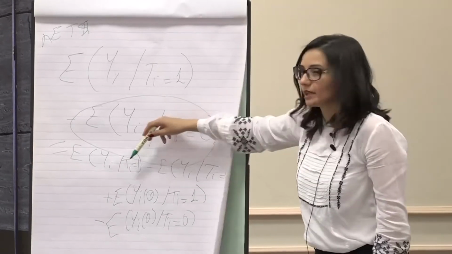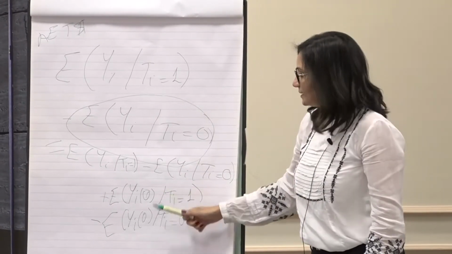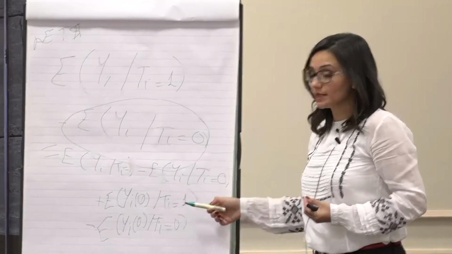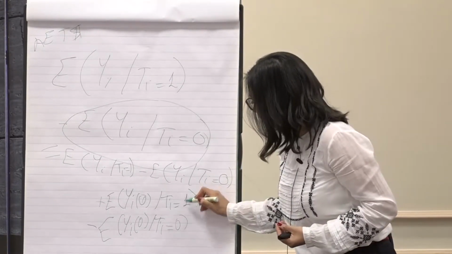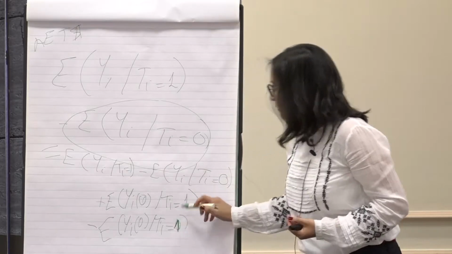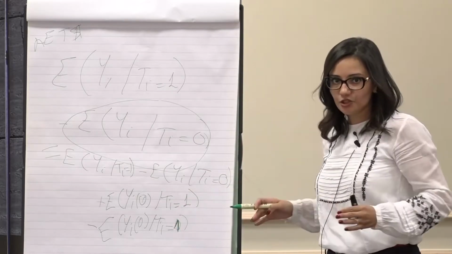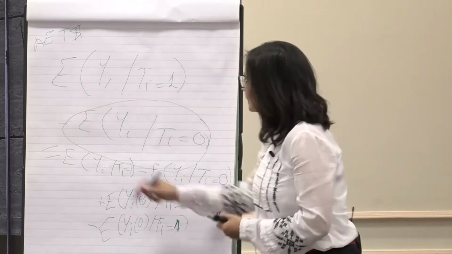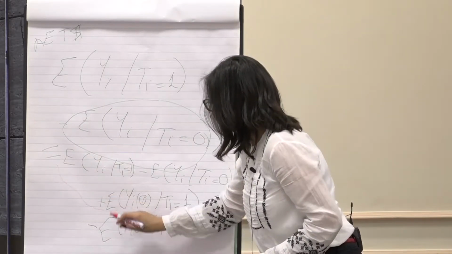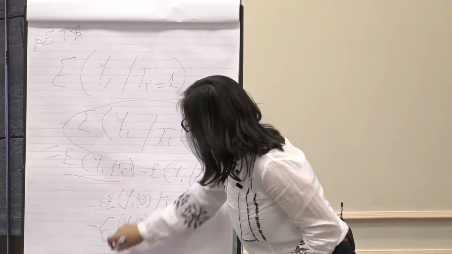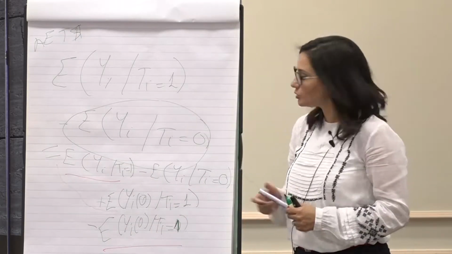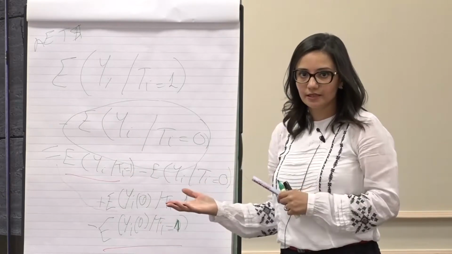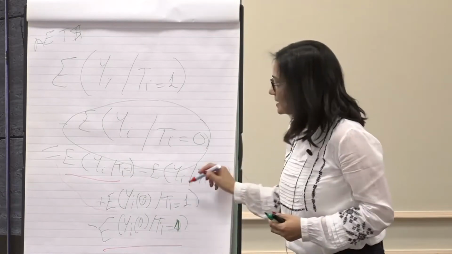These are the two that we observe. If I add and subtract the value of the outcome for the person who is treated if not treated, which is not observed, it is as if I change nothing. So this part minus this part is what I really want, which is the difference in the outcome of the treated person if he is treated compared with if he's not treated, and this other part is the bias.